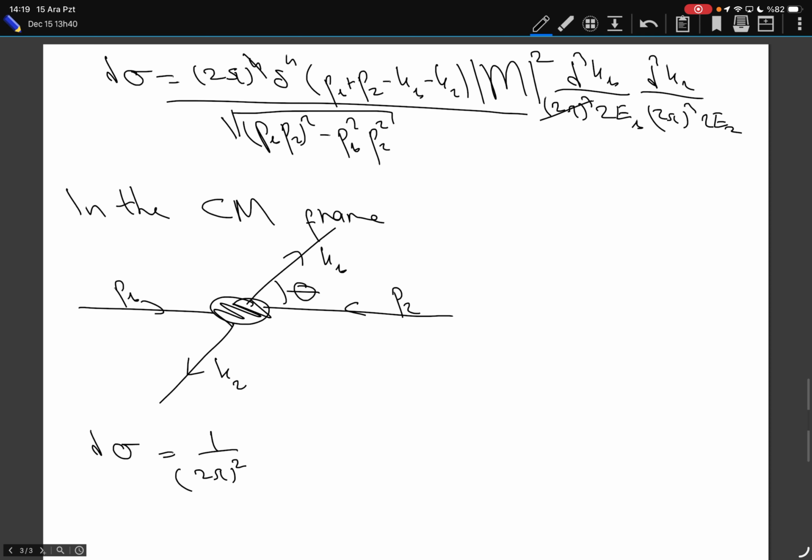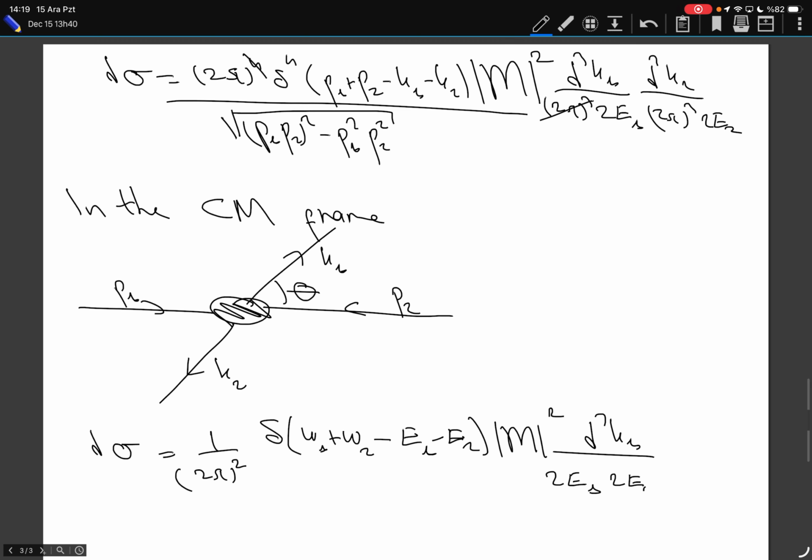Let me evaluate the k2 integral, which will give me Dirac delta ω1 + ω2 − E1 − E2, |M|² d³k1 divided by 2E1 2E2, divided by the square root of (P1·P2)² − m⁴.